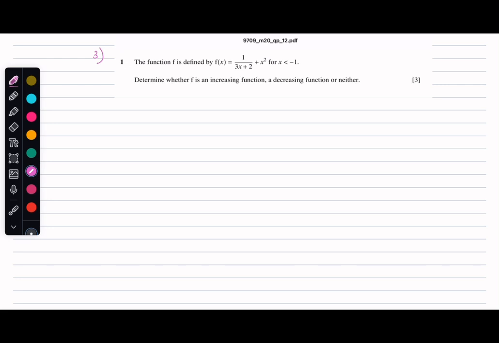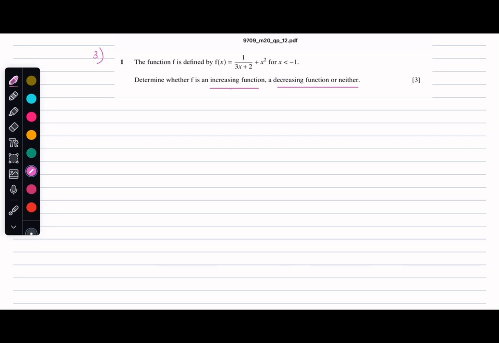Determine whether f is an increasing function, decreasing function, or neither. We know an increasing function is when our gradient is greater than 0, a decreasing function is when it is less than 0, or neither, meaning it shall be equal to 0.